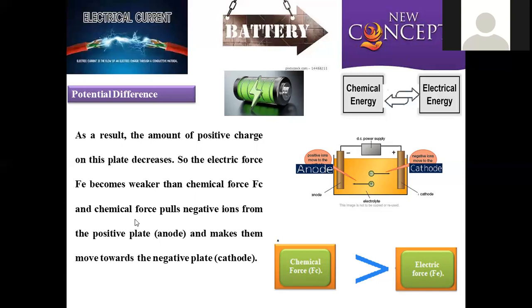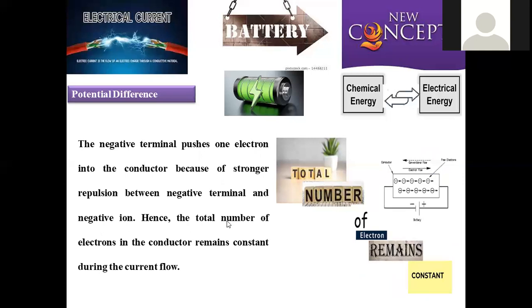This chemical force is the driving force which originates from the electrolytic solution. The positive charge moves towards the anode, the negative charge moves towards the cathode. When chemical forces are greater than electrical forces, in this condition it will drive the opposite charges, positive towards the anode, negative towards the cathode.